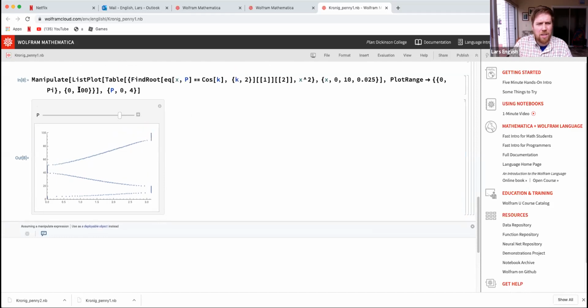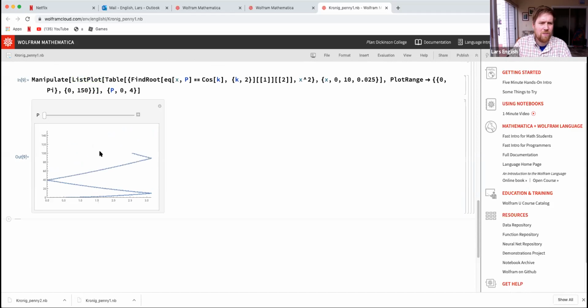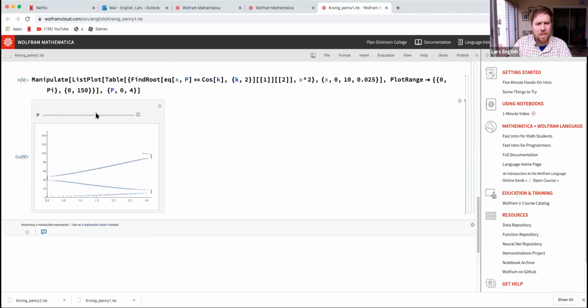If you want to see a little bit further, you can always plot this from 100 to 150. Okay. We're starting back at P is equal to 0, then I can increase that P, and you see here gaps opening up, although I'm not following in that.